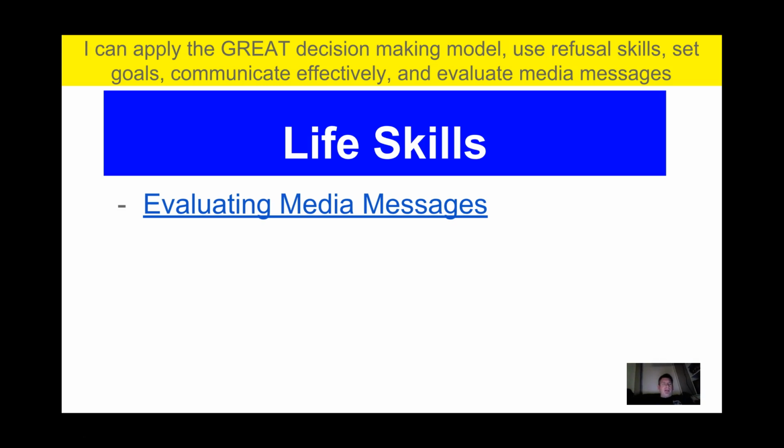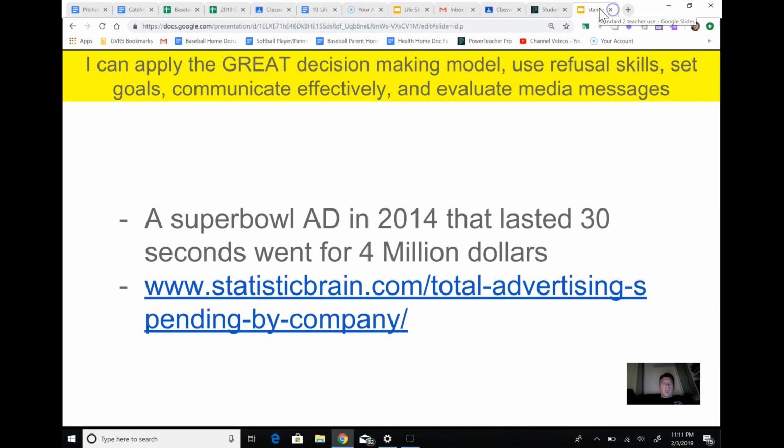They recognize it as the most televised and watched event in the entire year, and they want people to see their product, and they're willing to pay high dollar to get their information out there. There's a link on there that talks about how much money people spend throughout the year on those advertisements.